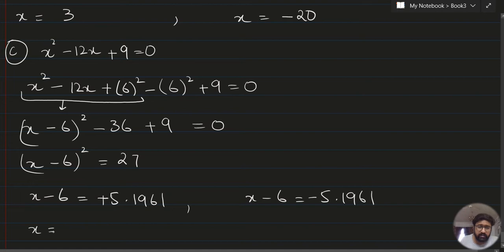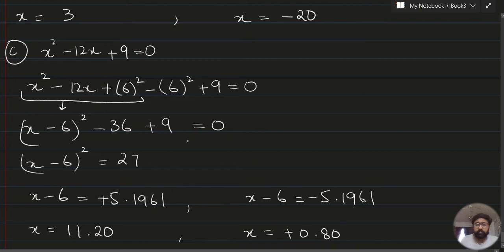The two values of x are going to be 11.20 for one side up to 2 decimal places, and for the other side we are going to subtract 6, so the sign will be of the greater number, and we will be having plus 0.80.